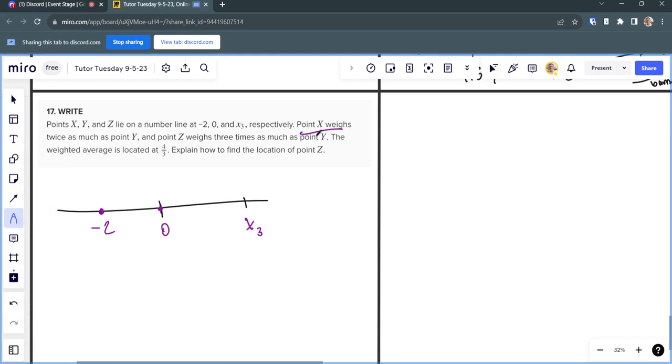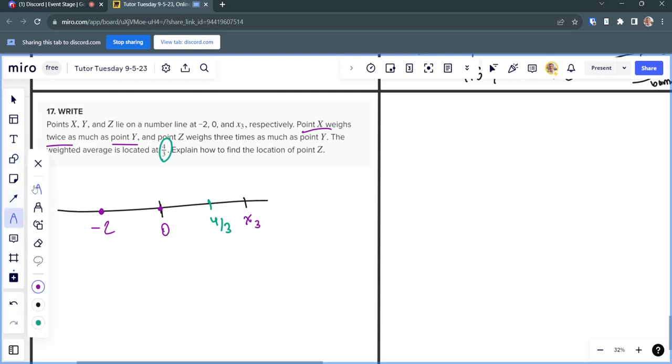Point x weighs twice as much as point y, and point z weighs 3 times as much as point y. The weighted average is located at 4/3. So somewhere like 4/3, and I don't like the look of that x3, so I'm going to rewrite it. Explain how to find the location of point z.